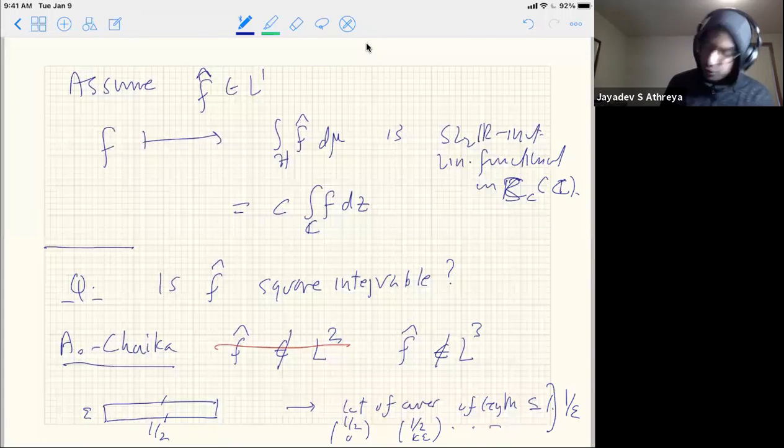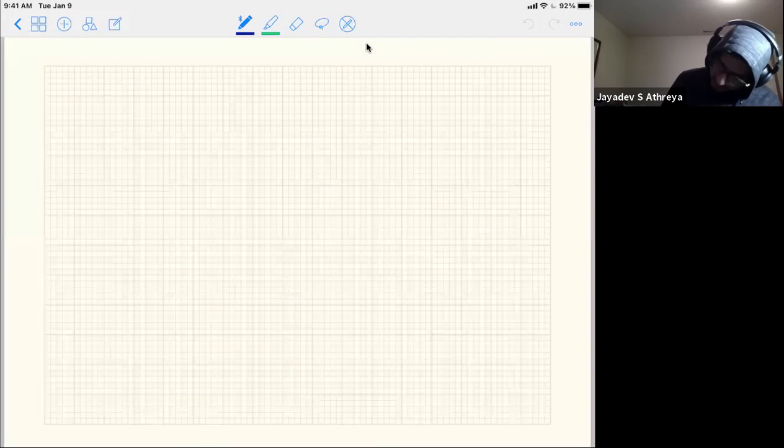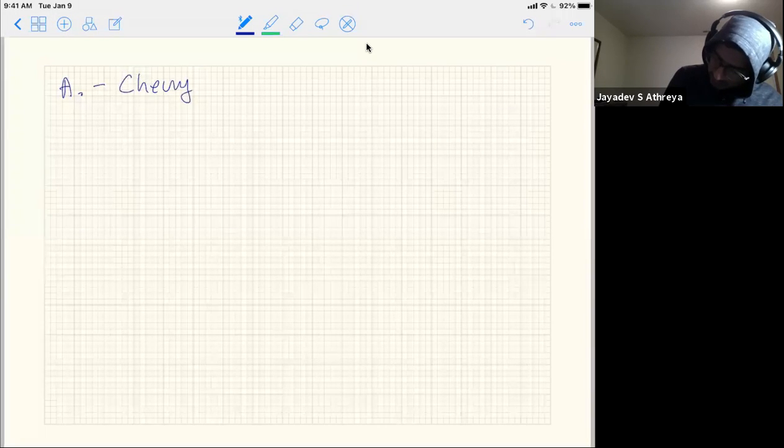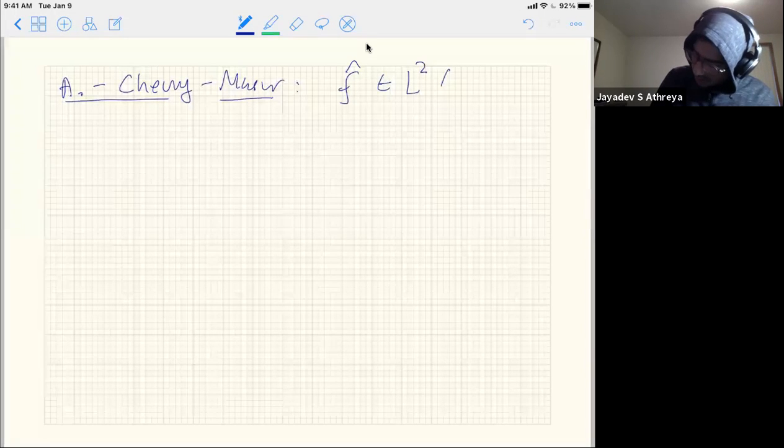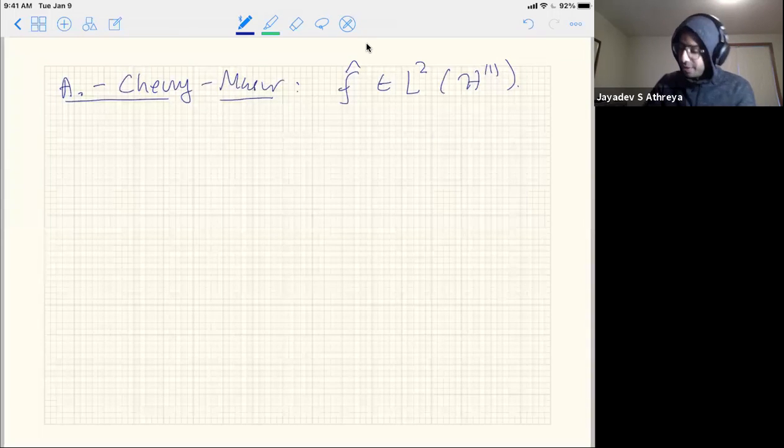It's good that we couldn't prove that it's not in L2, because subsequently, inspired by these discussions, Cheung, Masur, and I proved that in fact F hat is in L2 of H1 mu.